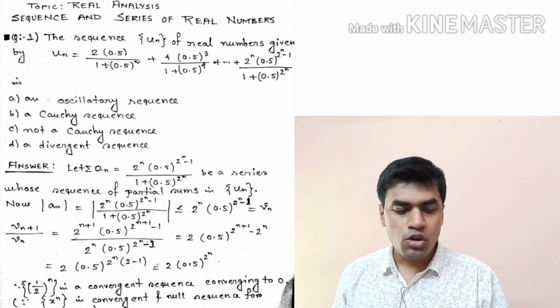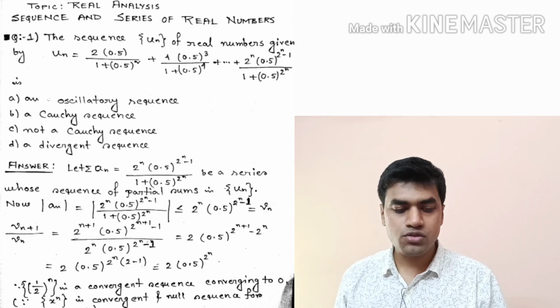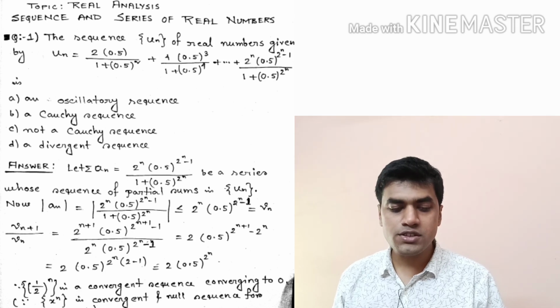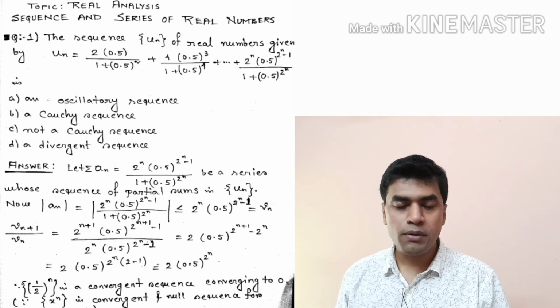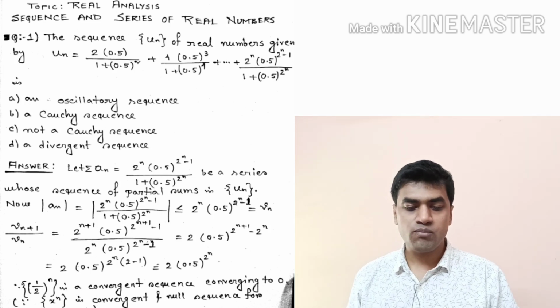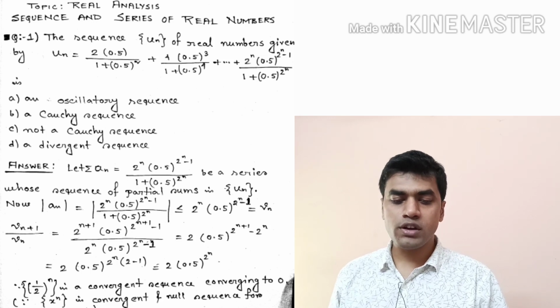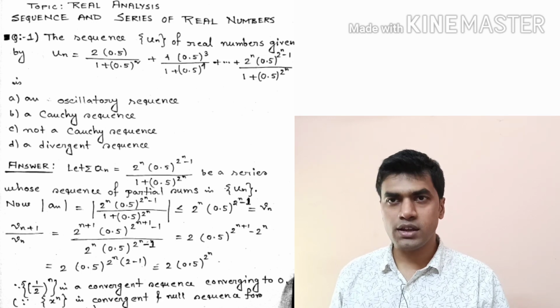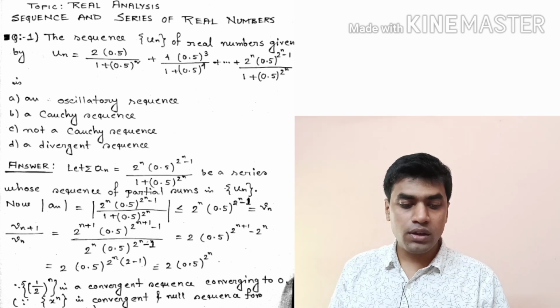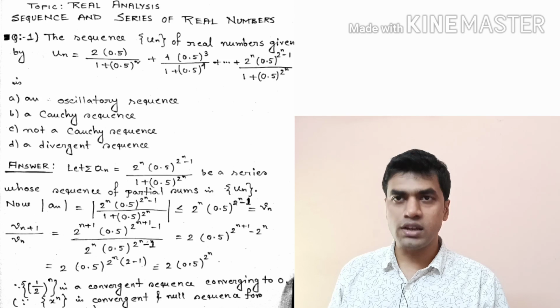Okay, and we are taking mod an. Mod an equals modulus of 2 to the power n 0.5 whole to the power 2 to the power n minus 1 divided by 1 plus 0.5 whole to the power 2 to the power n, which is less than or equal to 2 to the power n 0.5 whole to the power 2 to the power n minus 1, because if we are dividing by that denominator then the quantity would be decreased.